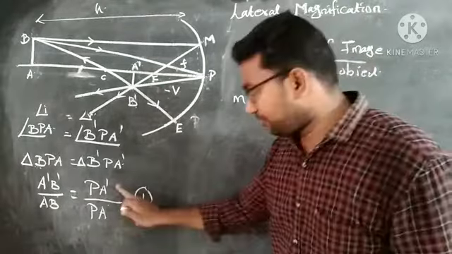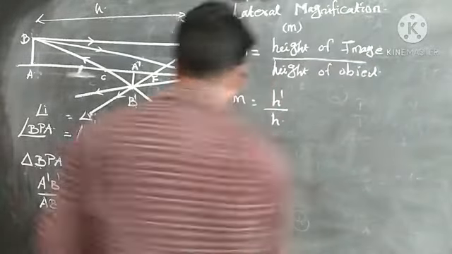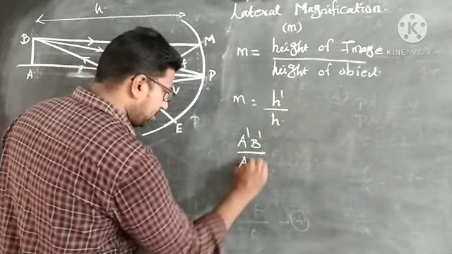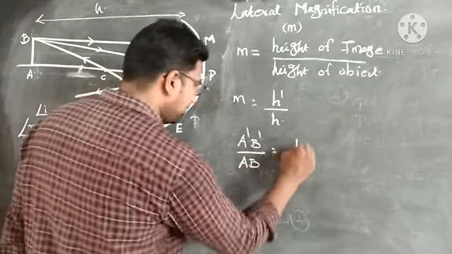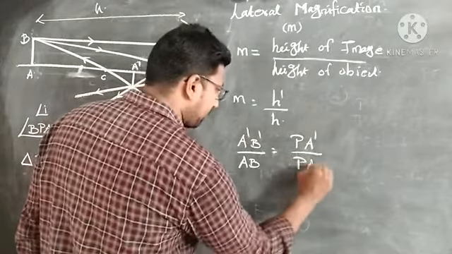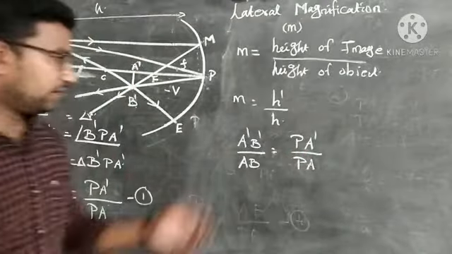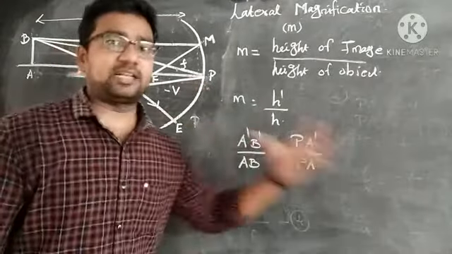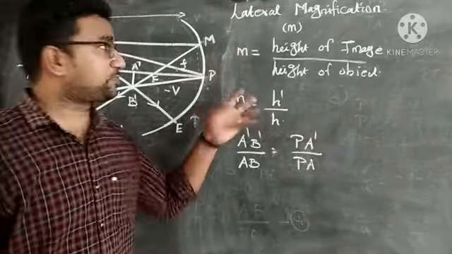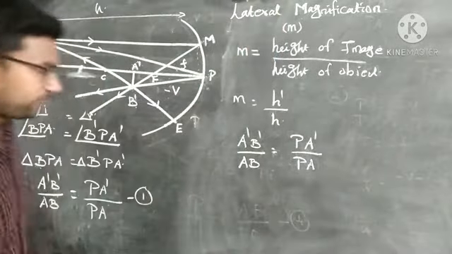So by using the first equation, A prime B prime divided by AB is equivalent to PA prime divided by PA. Now we will substitute the proper sign convention factors. We will derive the expression of lateral magnification.